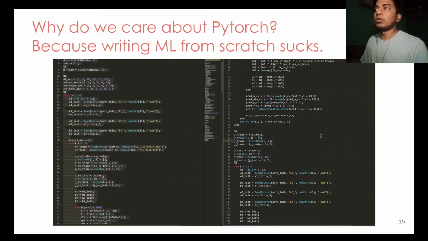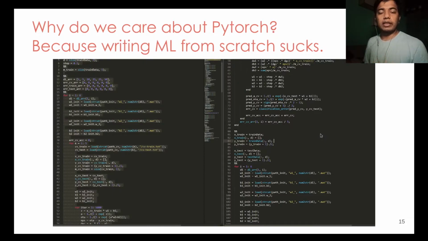Moving forward, why do we care so much about these frameworks? One of the major reasons, as you can see over here, is because writing neural networks from scratch just sucks. That's it. It's that simple: neural networks are too hard to write, as you can see over here.